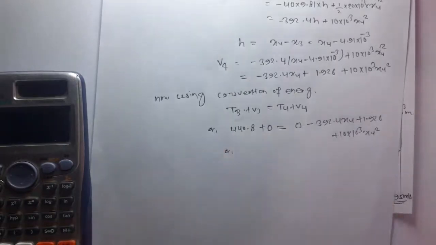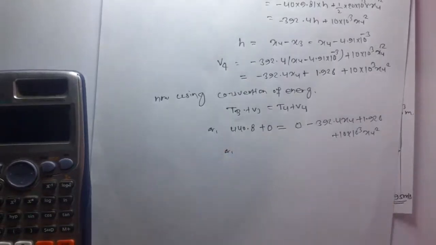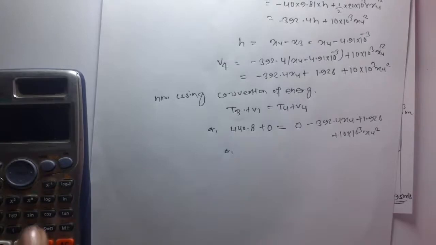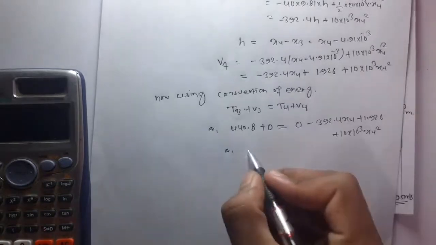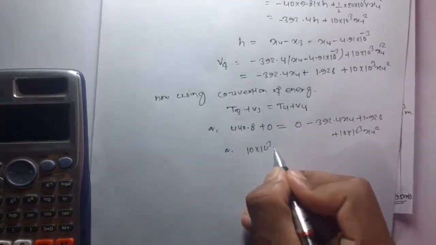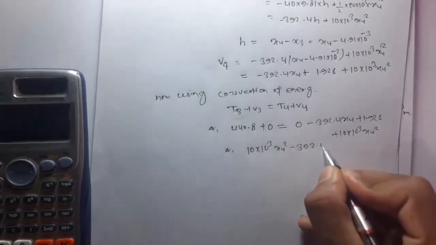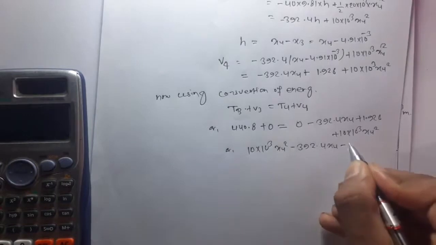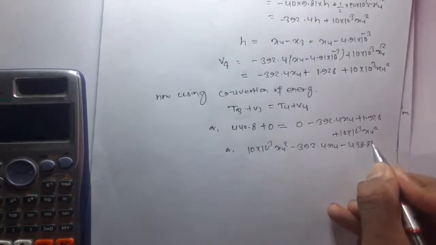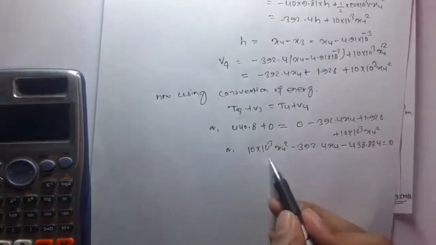Or this is 440.8 minus 1.926. So this is 10 into 10 to the power 3 x4 square minus 392.4 x4 minus 438.874 is equal to 0.